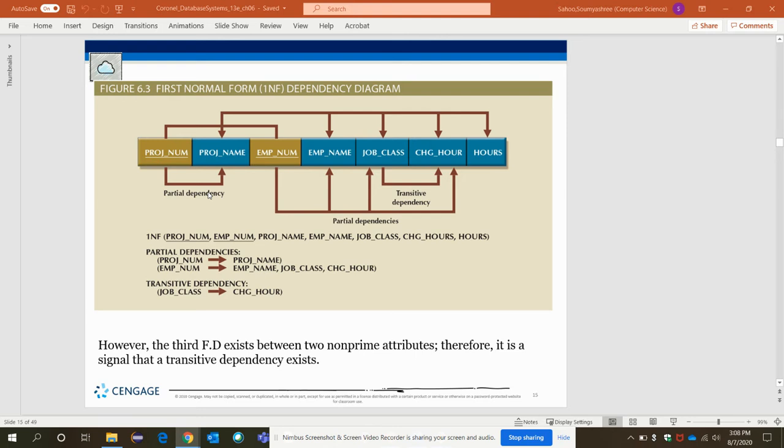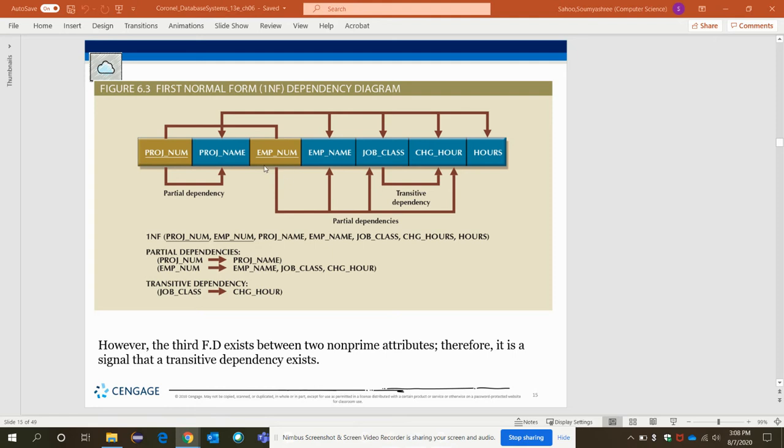Okay, and there is another functional dependency, EMP num determining name, job class, CHG hour. This is also satisfying partial dependency because EMP num, the determinant, is a part of a primary key. Okay, and another one, the last one. How to solve this?